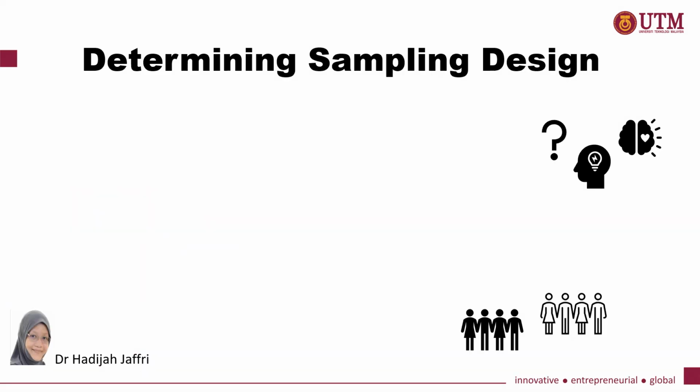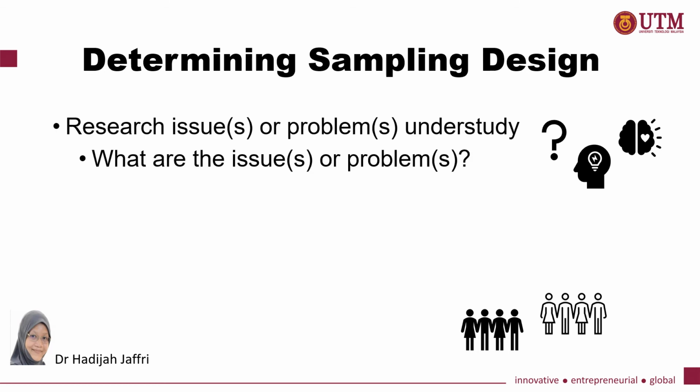Before we further discuss the types of sampling design, let's have a quick overview about things to be considered when choosing sampling design. In general, determining sampling design is based on the research issues or problems that we want to explore or investigate. It relates to the question of what are the issues or problems under study.